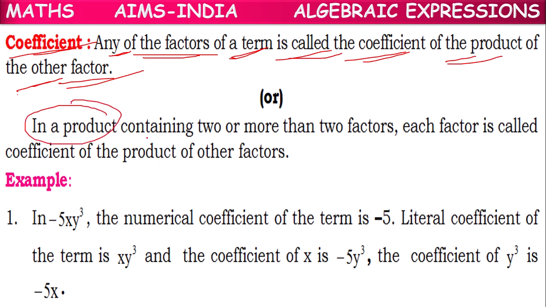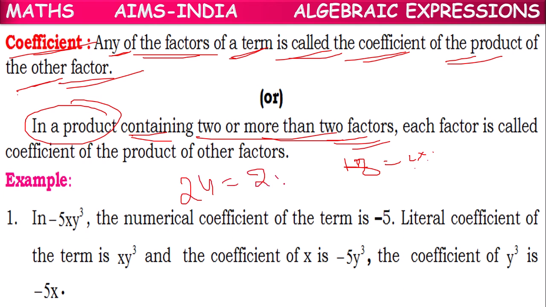In a product containing 2 or more factors, suppose we have 24, we can write it as 2 into 3 into 4. So 24 is a product having the quantities 2, 3, 4. So it has 3 factors: one is 2, another is 3, another is 4.